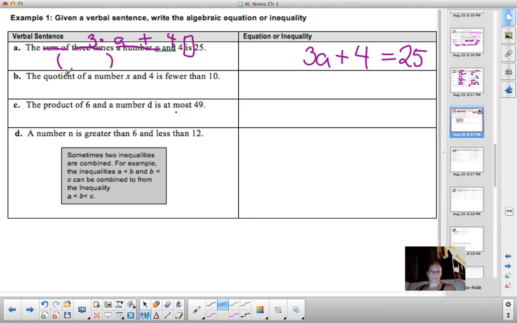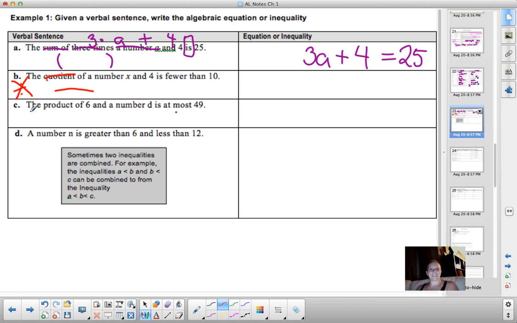Let's work through a quotient problem. The quotient, that's division. And since we're now in algebra, we're not going to use that old-fashioned division sign. It's not so friendly. It confuses people, and I like fractions, and I'm going to make you love fractions this year.